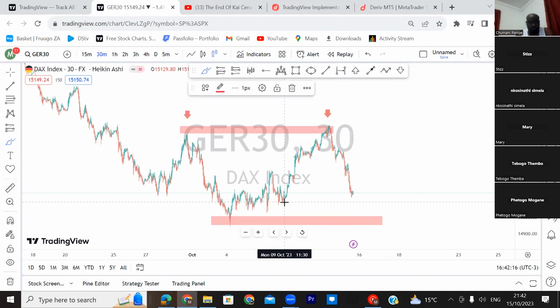you can see from this point, the price gave us an impulse. It was just going straight up, and then it started correcting on its way to this touch, the second leg of the double top.